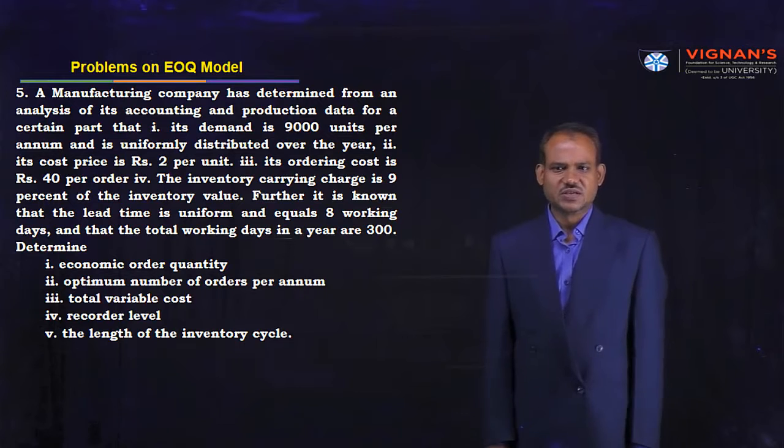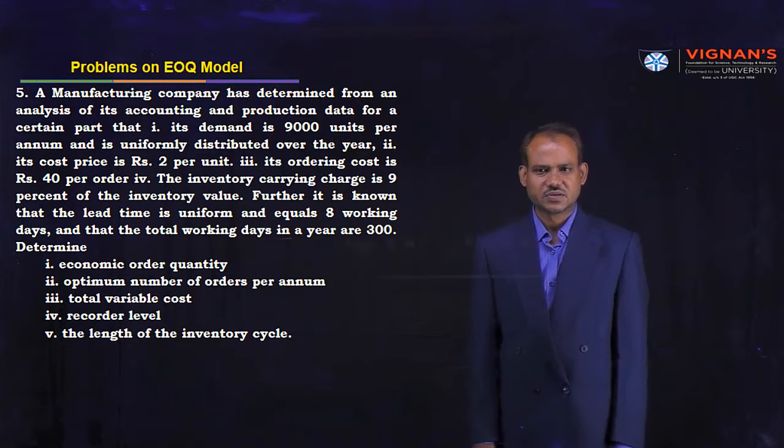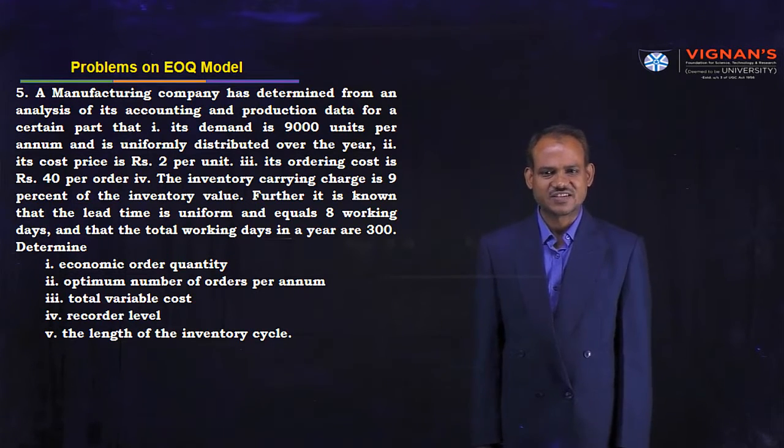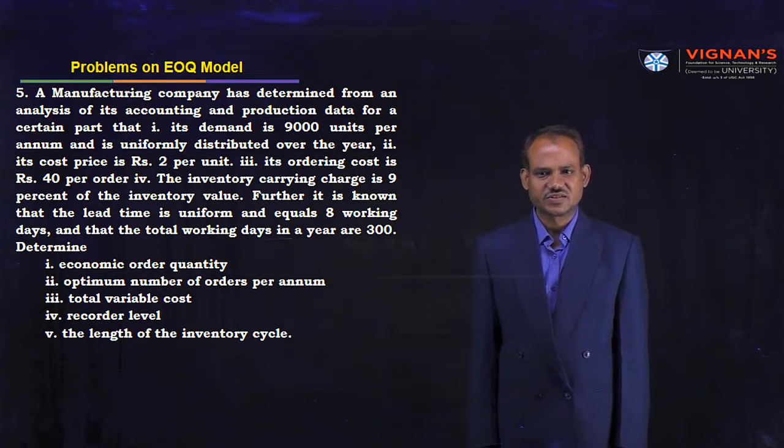Next, coming to the fifth problem. First, to read the given question. A manufacturing company has determined from an analysis of its accounting and production data for a certain part that its demand is 9,000 units per annum and is uniformly distributed over the year.